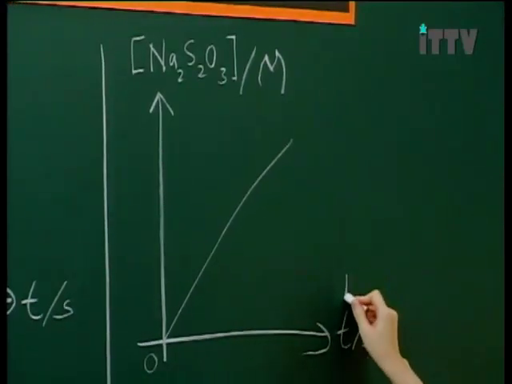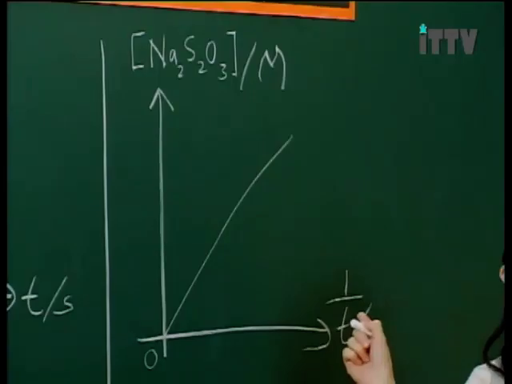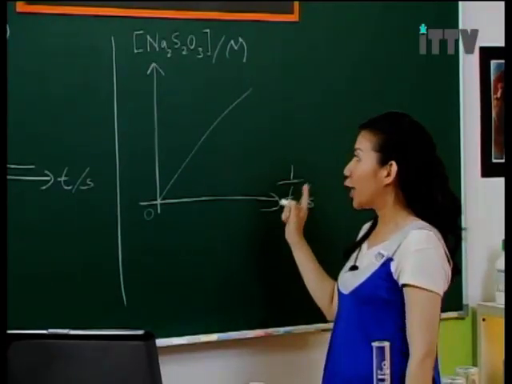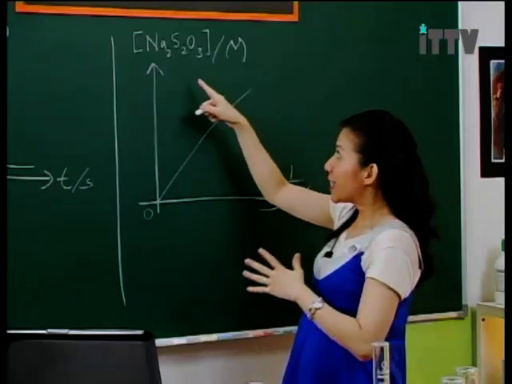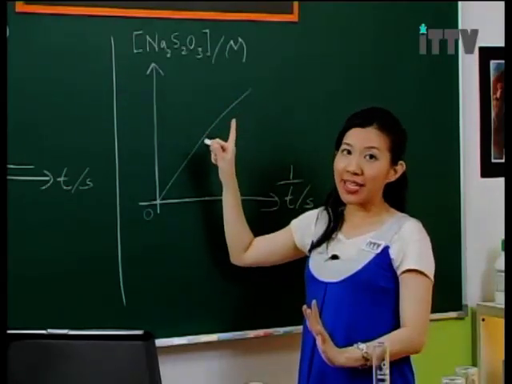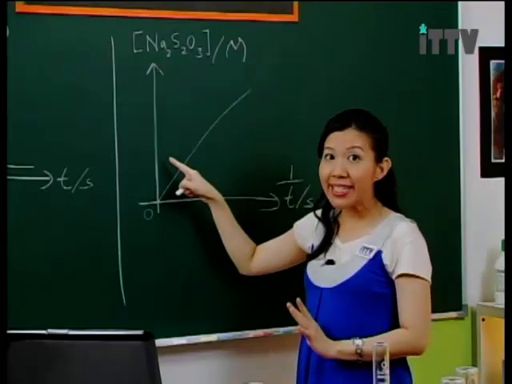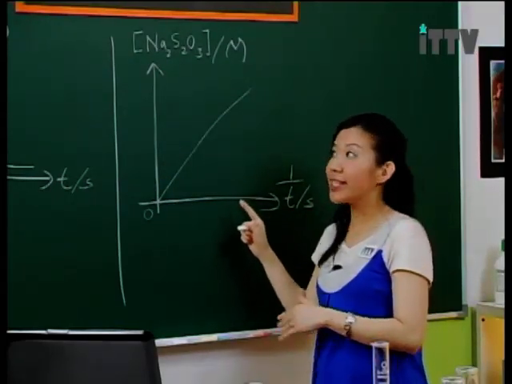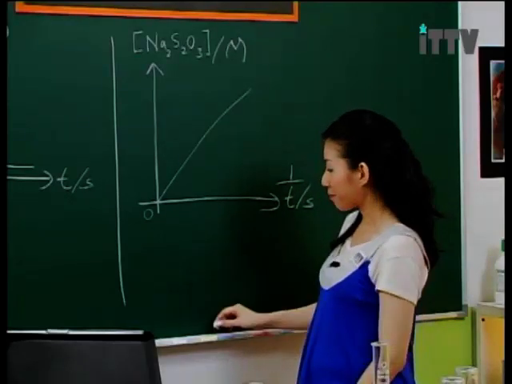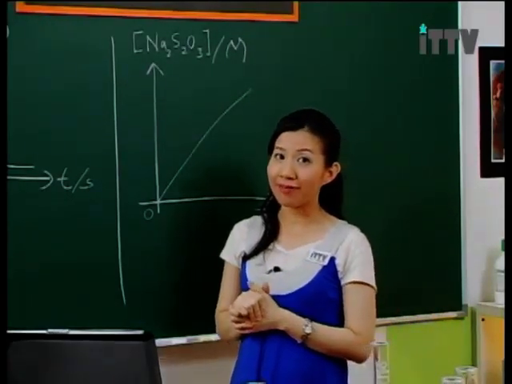Take note, this is 1 over time, and 1 over time represents rate of reaction, and you will get a directly proportional graph. And this graph clearly illustrates that as the concentration of sodium thiosulfate increases, the time needed for the reaction to complete decreases. And that's the relationship of the graph.